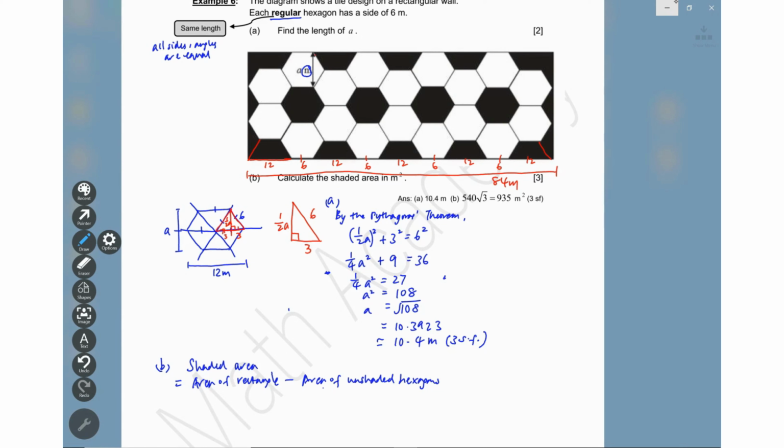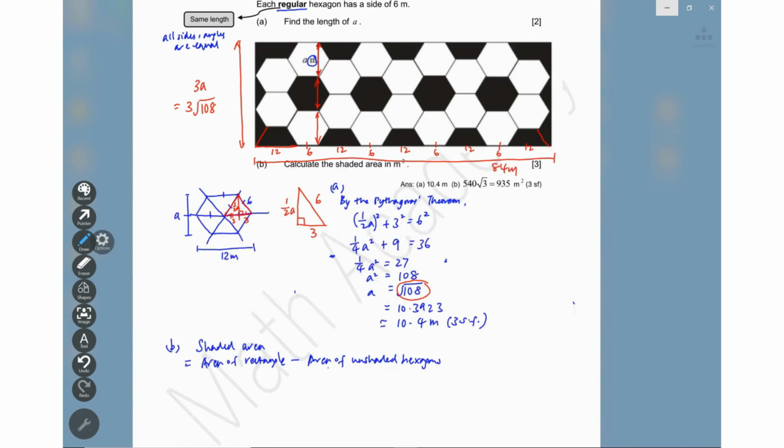We see that the height of each hexagon is A. So you see there are 3 hexagons here which form the breadth. So the breadth will be 3A. And we have found A earlier. I will just use this square root number. So I will take 3 and square root of 108 as my breadth.